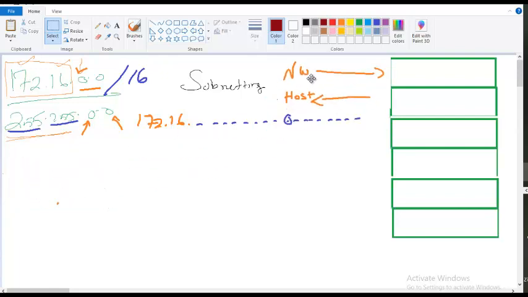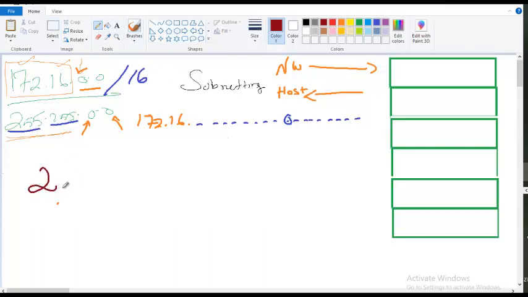For that, in the early days, this was the formula: 2 to the power of n minus 2, where n is the number of bits that you're planning to give. This was the beginning days formula, minus 2. Later it became minus 1. I'll explain why, and you might have already seen it in the videos.